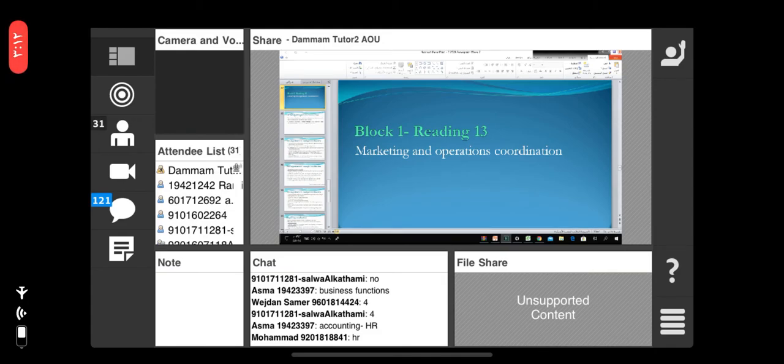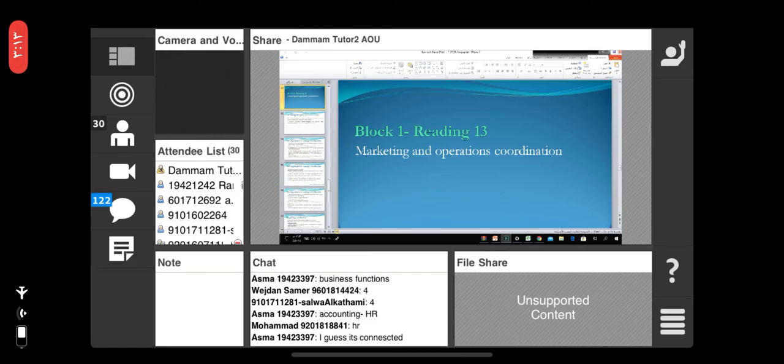Each department is completely different from the operation and the marketing. You think connected?